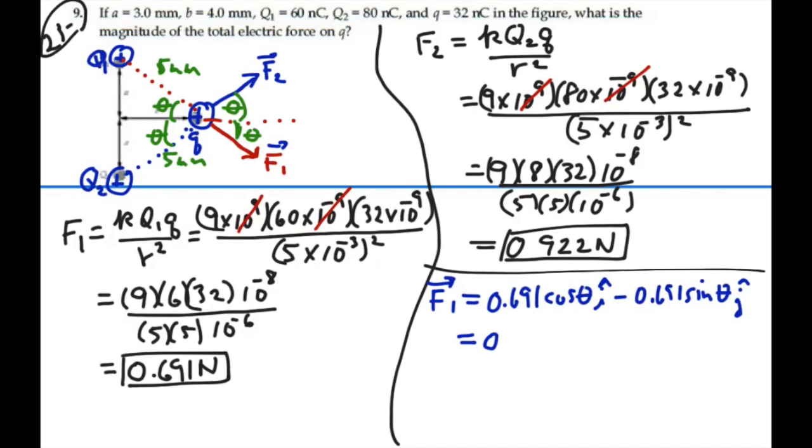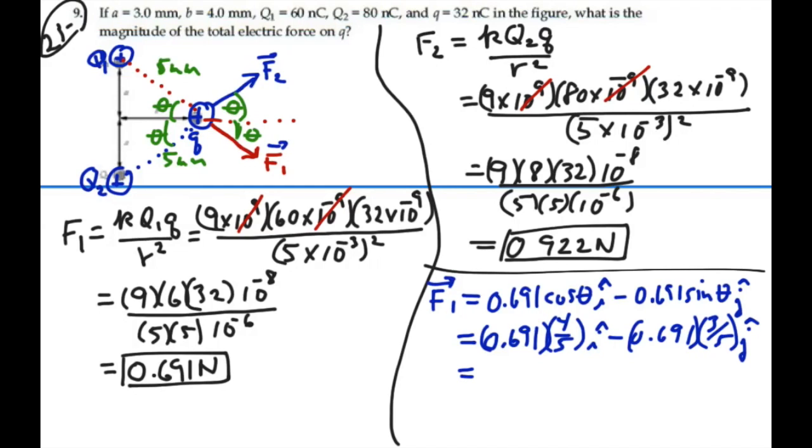So this is going to be equal to 0.691 times 4/5 i minus 0.691 times 3/5 j.